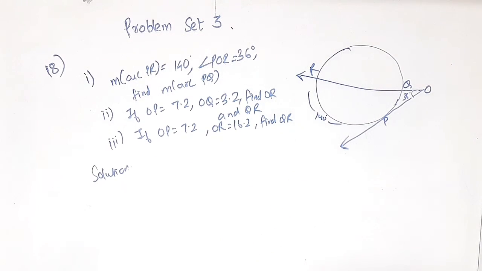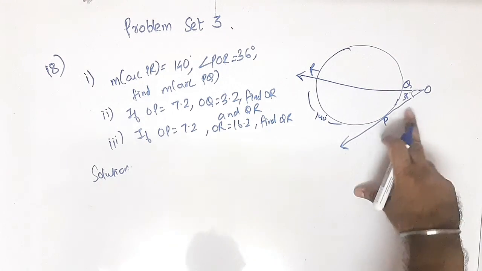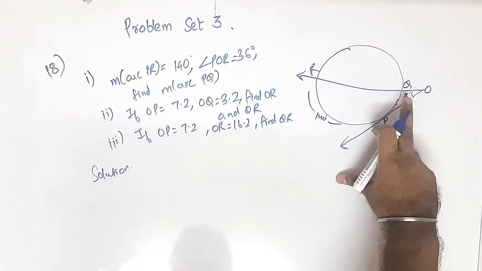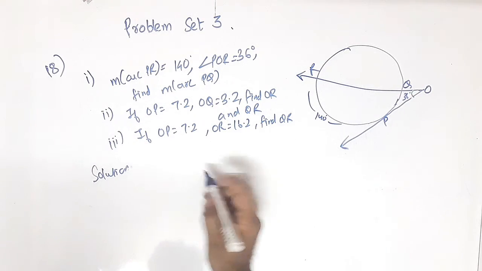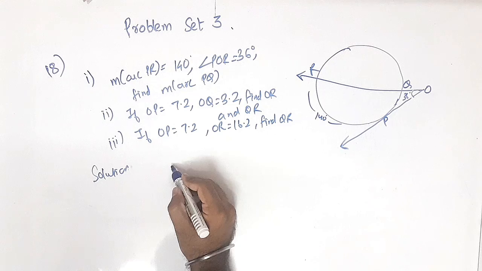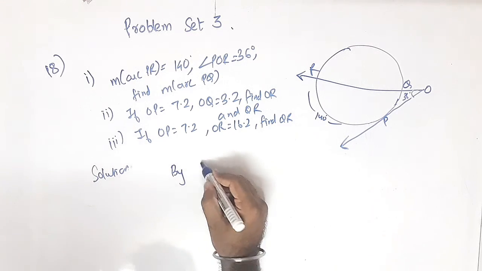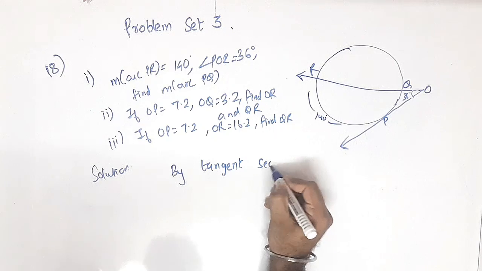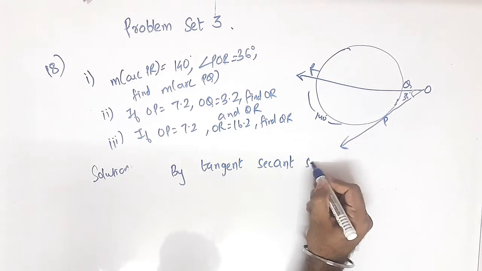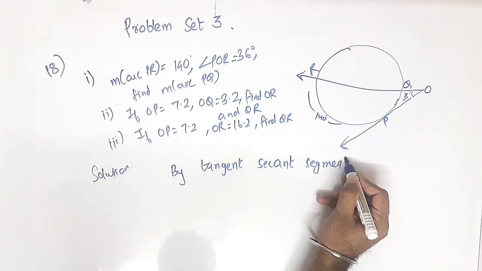Second one says that OP is 7.2, OQ is 3.2, find OR. So it is very simple. We can apply here the tangent secant segment theorem.